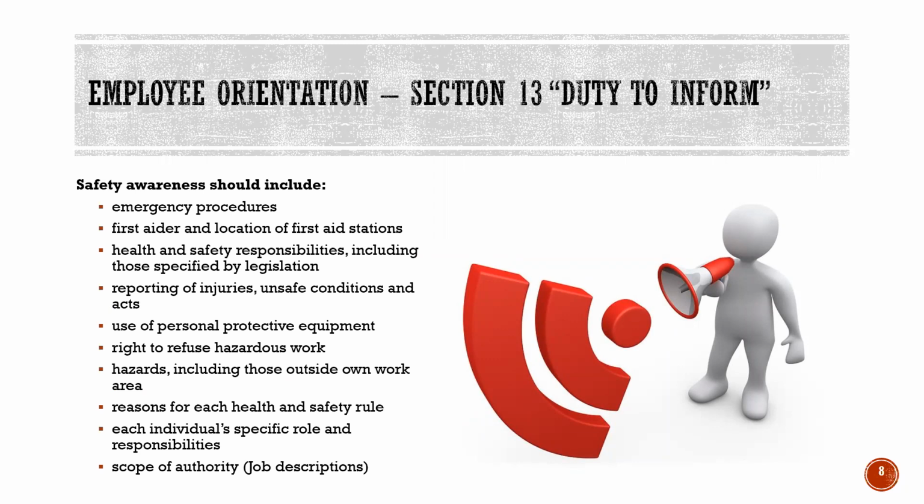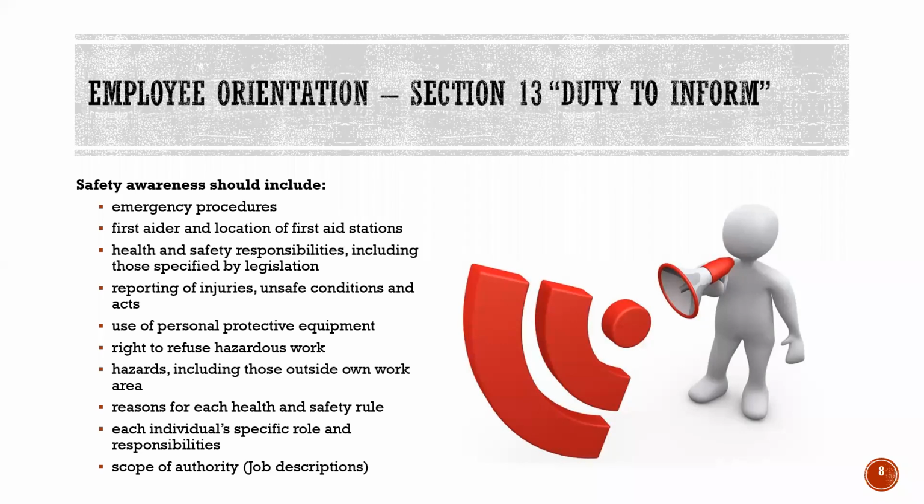Now, when we take our employees to site, one of the things in terms of Section 13, that is the duty of the employer, is the duty to inform. And this information should come through on anything that is in the interest of health and safety. So we need to inform our staff on things like the emergency procedures for the site, where the location of first aid stations are, who the health and safety responsible person is, including those specified by legislation, such as who the 16.2 is, who the immediate manager or supervisor is, who the first aider is, who do they report injuries or unsafe conditions or unsafe acts to, and also what is the procedure for reporting these injuries or unsafe conditions and acts.